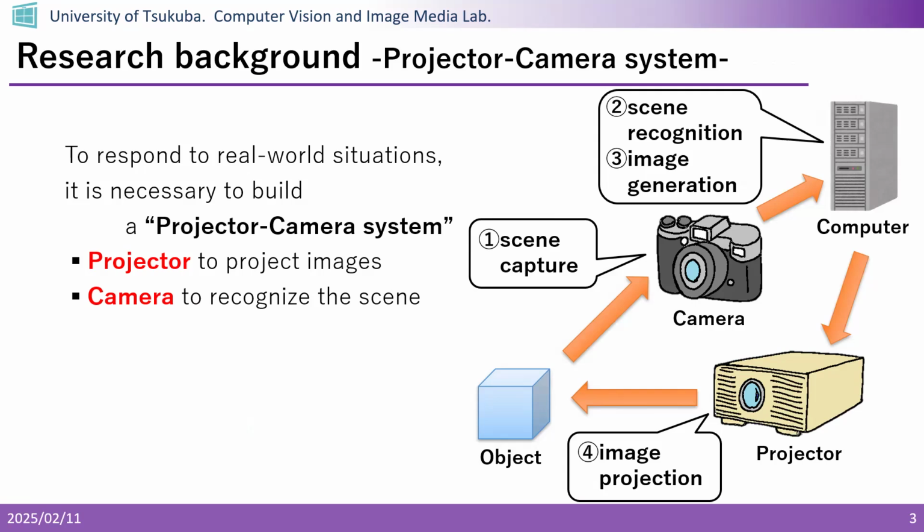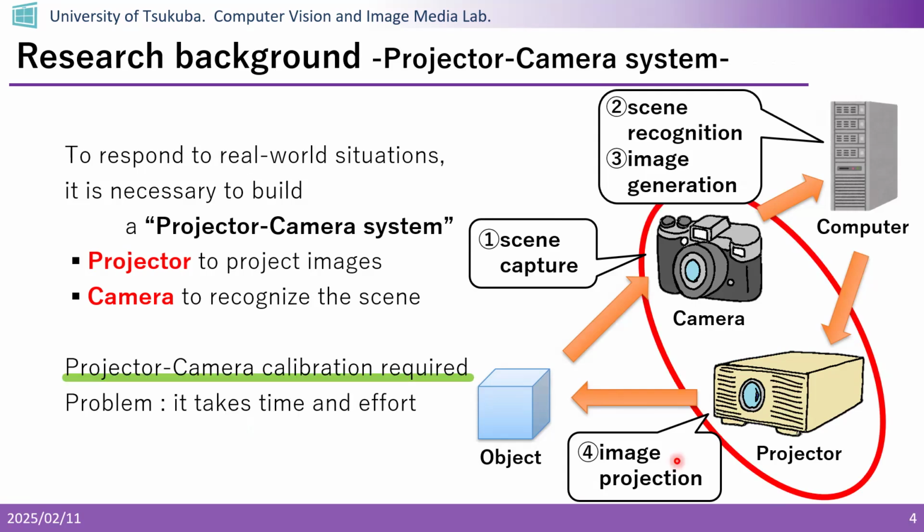The computer recognizes the scene and generates the image. Then, the generated image is projected from the projector. For the system to operate correctly, the geometric relationship between the projector and camera must be known accurately. However, it takes time and effort. So, this is a problem of projection mapping.